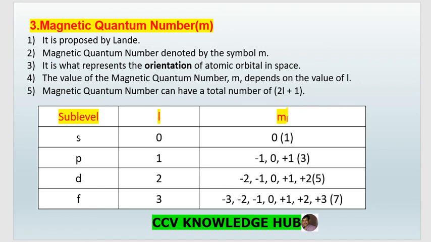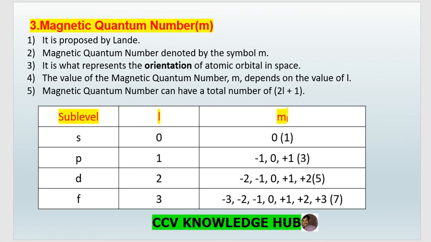For example, for the s subshell, L equal to 0, what are the m values? m is also 0, so only 1. For the p orbital, L value equal to 1, so the magnetic quantum number values are minus 1, 0, plus 1. There is a splitting of the spectral lines. We'll see in the next slide how many types of splittings there can be.